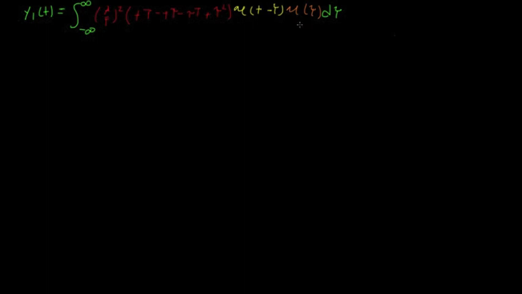What happens is that we are going to pull each of these unit steps out of the integral, and the argument of each unit step is going to define a limit of integration, either the upper or the lower limit.